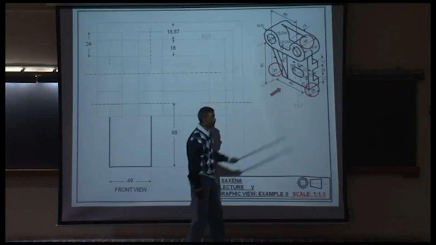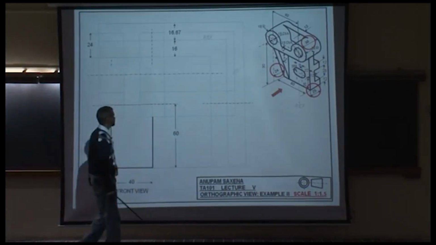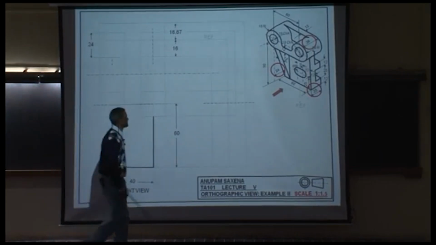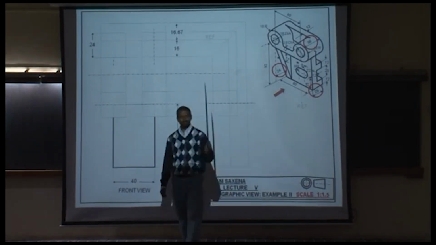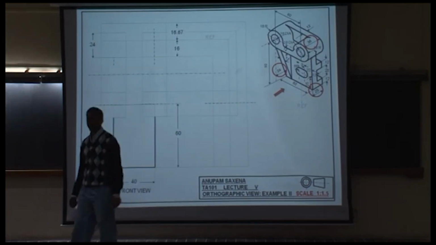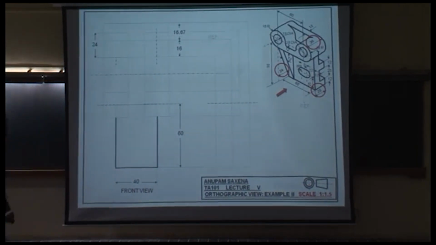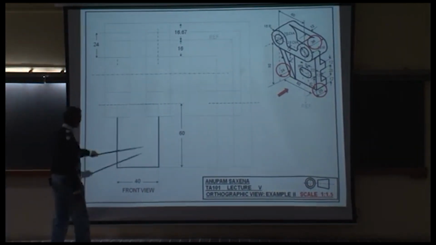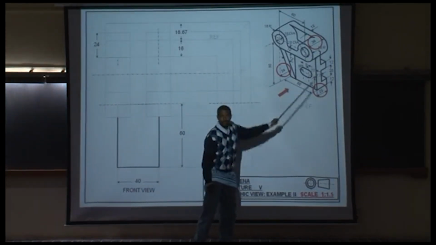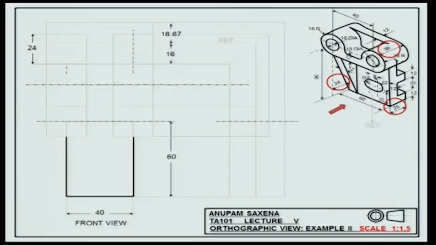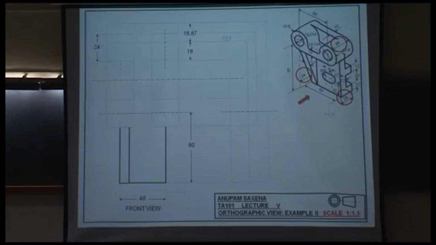This one projected on the vertical plane. Good. This edge corresponds to what? This one? Good. That's the rib projected on the vertical plane.